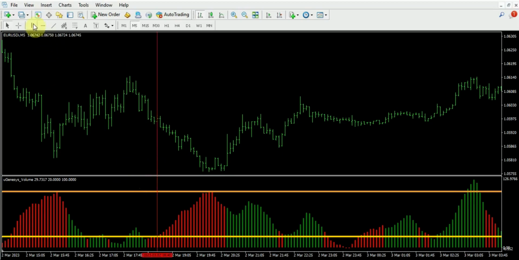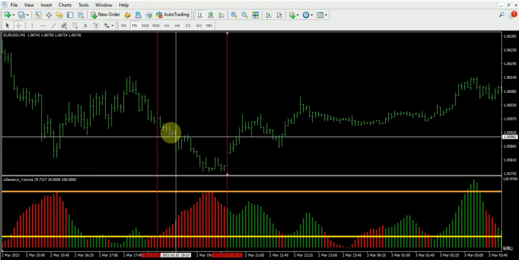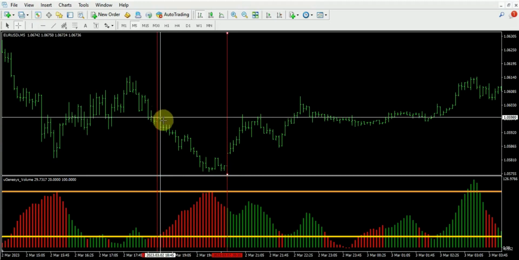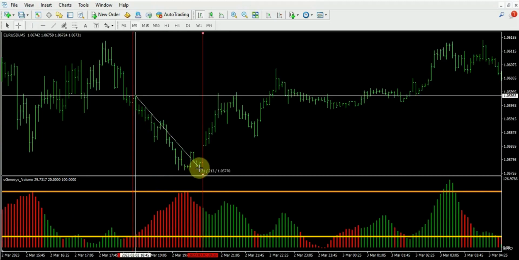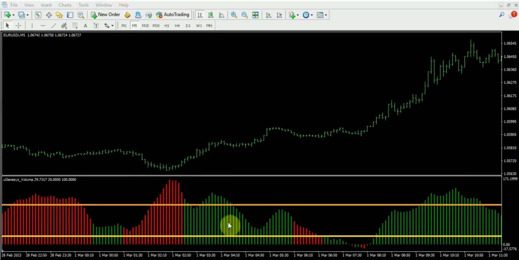Alright, and let's mark the end of this trend over here, and let's just measure the pips right here with our crosshairs tool. Okay, so we can see we have a movement of 21.8 pips, okay guys? And right here you can see we have an uptrend, and with this one we can see the bars are above the golden line. So let's just put a marker at the beginning and end of this trend here.